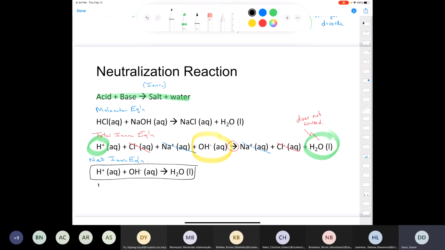This will be the net ionic equation for a neutralization reaction. So if I asked you a multiple choice question on the next exam and I said, which one of these equations represents the net ionic equation for a neutralization reaction, you would select the one that's a proton plus hydroxide gives you water.